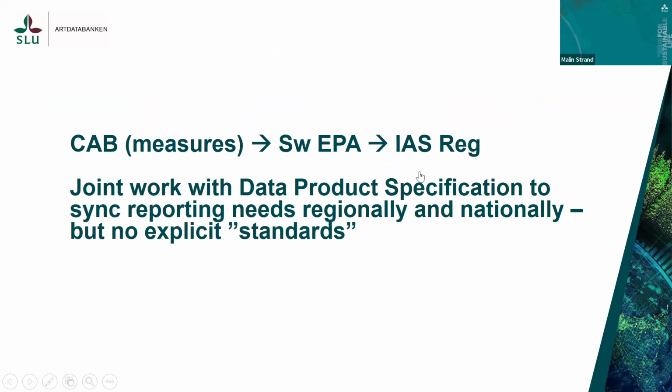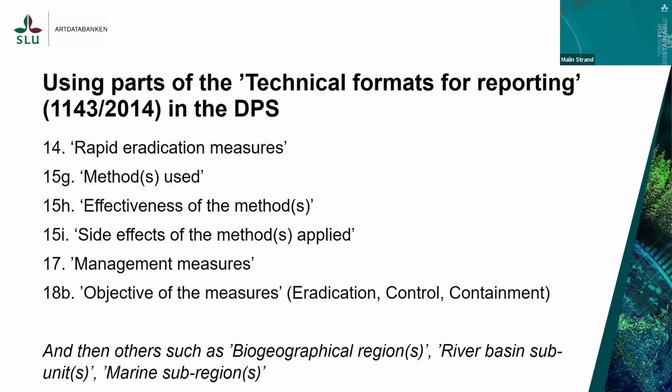So they've done a data product specification where they have specified their needs, reflecting their responsibilities within this full procedure. And they have started in the technical formats for reporting for the regulation. So they have now, in their data product specification, used the exact vocabulary from the reporting format.